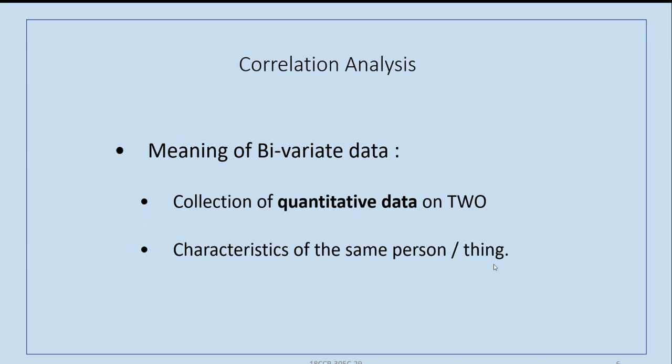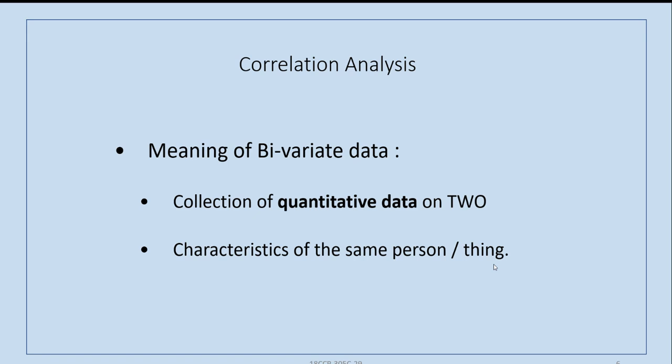So this correlation is depending on the things as far as relation is concerned. Here, correlation meaning of bivariate data. That means variate means variable.